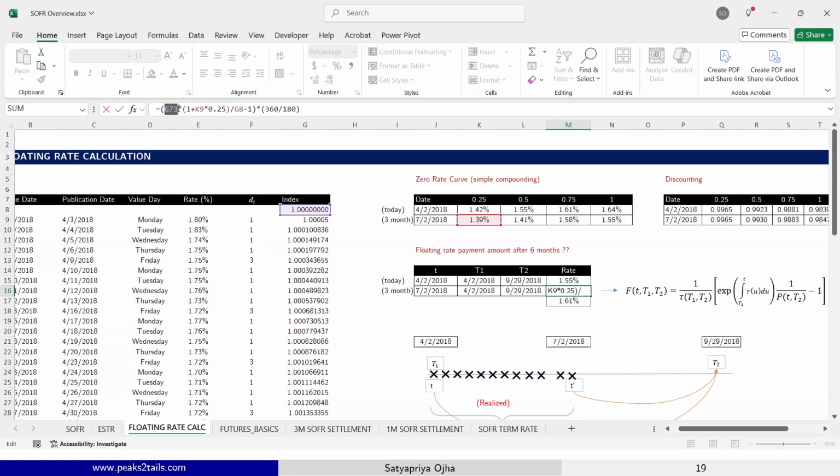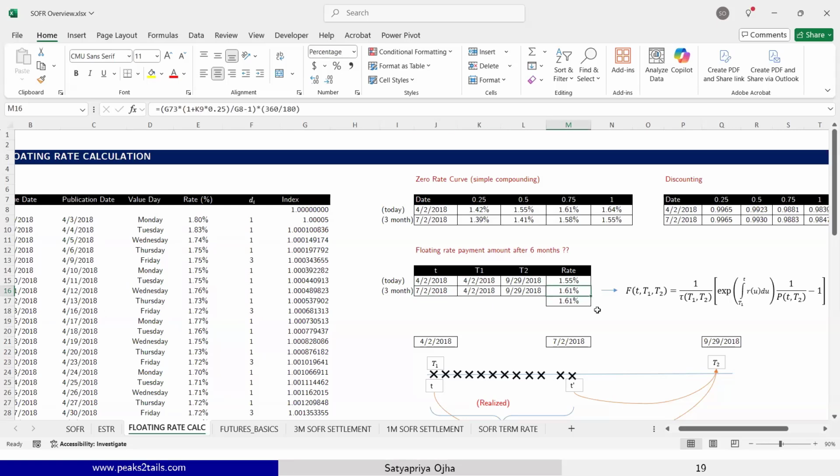So G73 by G8 is whatever has been realized, and this is the unrealized. Compound everything together. This is the final compounding factor minus 1, annualized for 6 months. Now this is my new floating coupon interest rate.